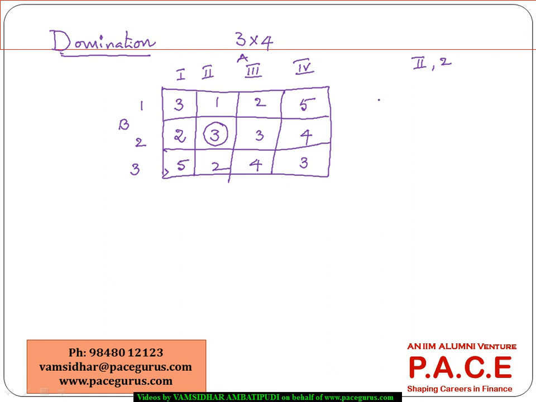Now, when I say one strategy, either A's strategy or B's strategy, is dominating the other, it is a dominating strategy compared to the other if the choice of this strategy is at least as good as the other one or better.